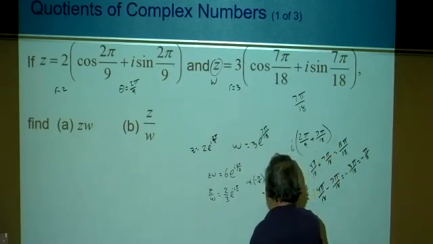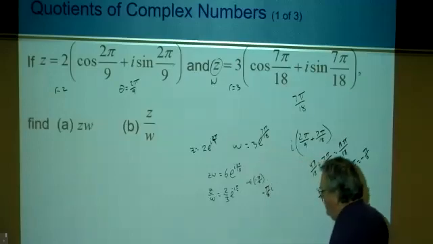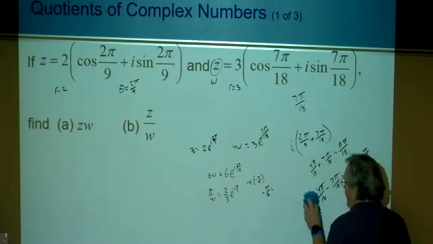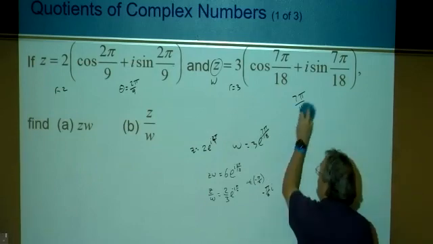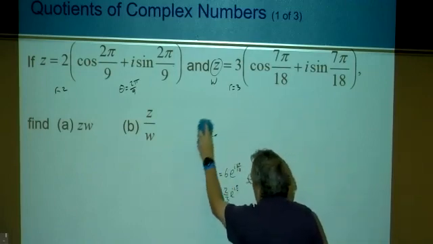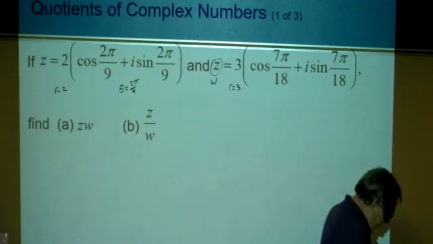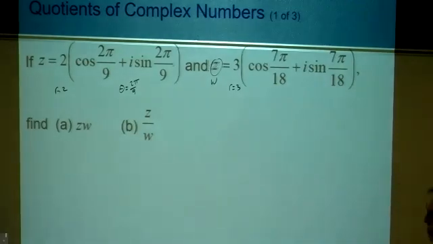I would write this as negative pi over 6 i, or 7 pi over 6, because 7 pi over 6 and negative pi over 6 wind you up in the same place. We'll look at how they do it, and they should get the same thing I did, unless I did something horribly wrong.